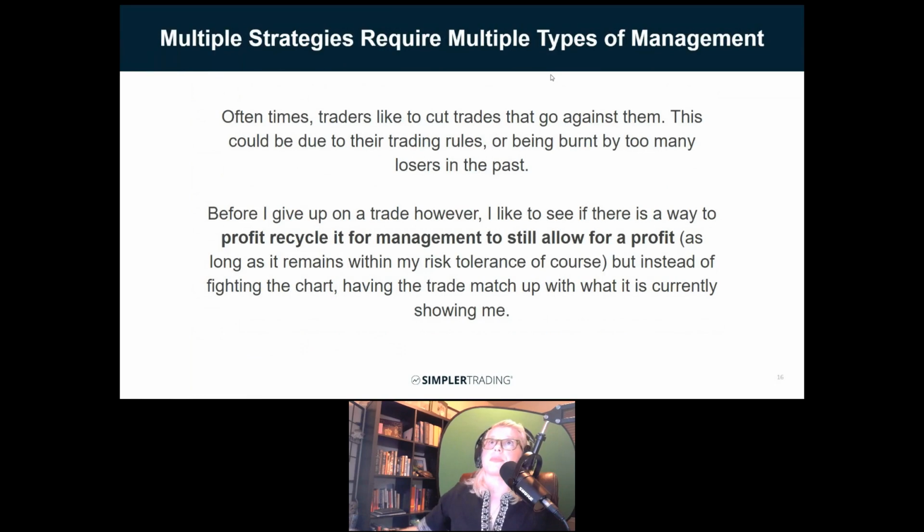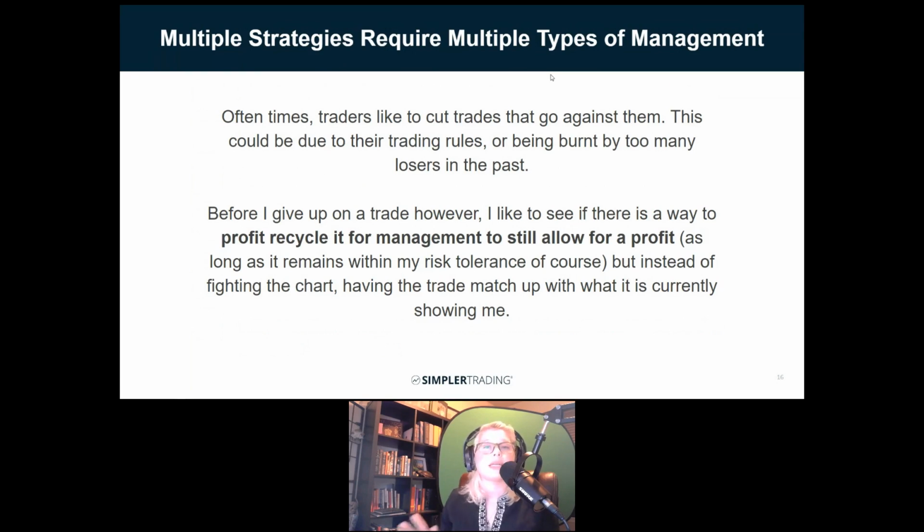So, multiple strategies require multiple types of management, and oftentimes traders like to cut trades that go against them. And I get this, right? This could be due to their trading rules or being burnt by too many losers in the past, and you just want to take it off the table. But personally, before I give up on a trade, I like to see if there is a way to profit recycle it for management to still allow myself to potentially have a profit overall.